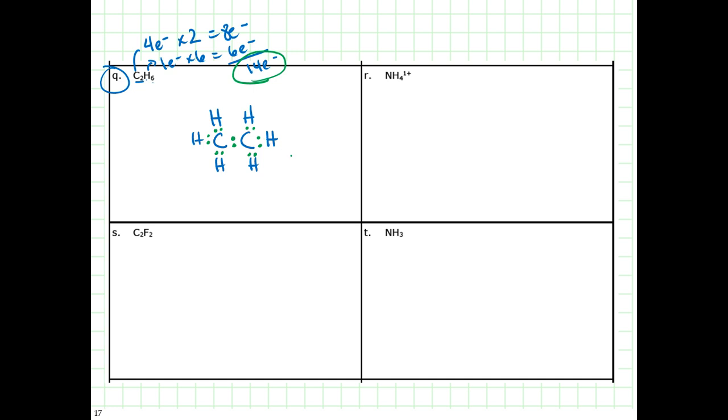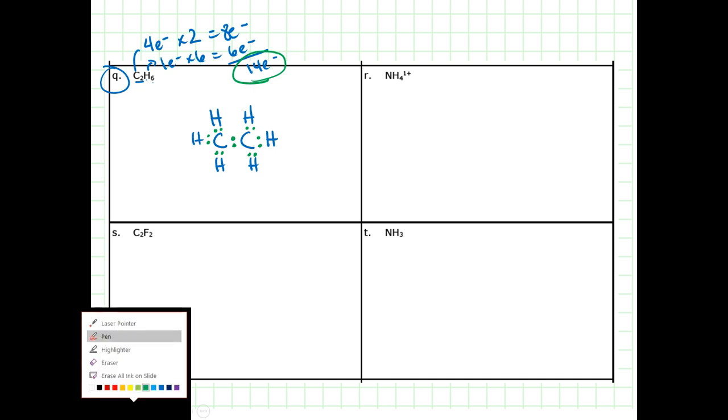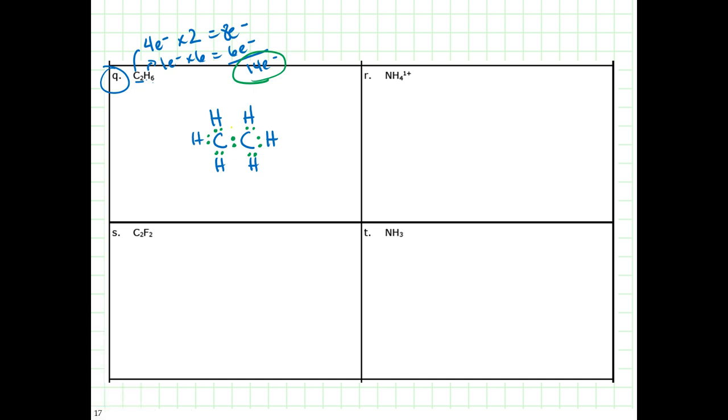There are my 14 electrons, and this is perfect. So I have my 2, 4, 6, 8 around this carbon, 2, 4, 6, 8 around this carbon. Hydrogen has 2, hydrogen has 2, hydrogen has 2, and 2, and 2, and 1 last hydrogen with 2 valence electrons. Voila, we've done it.